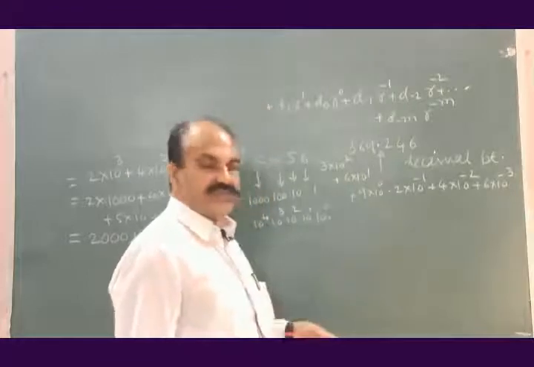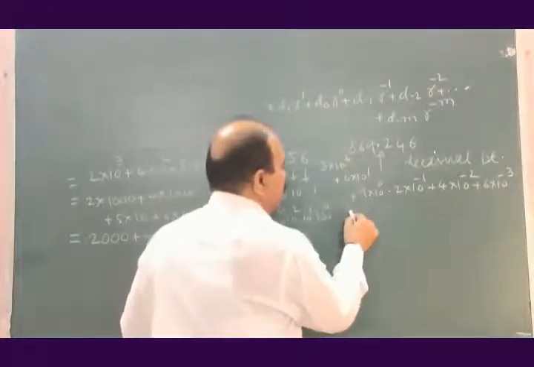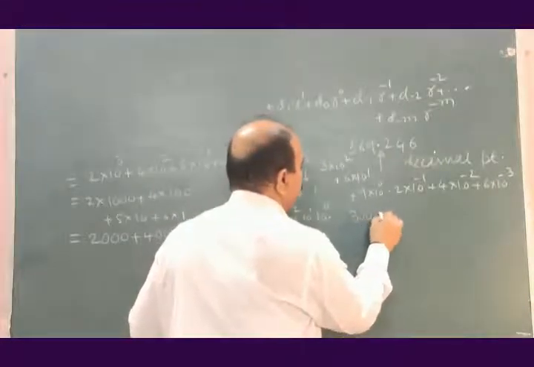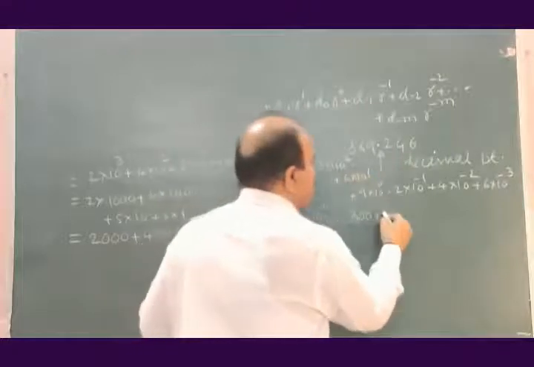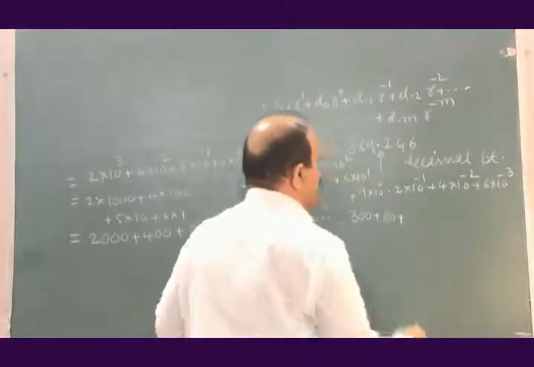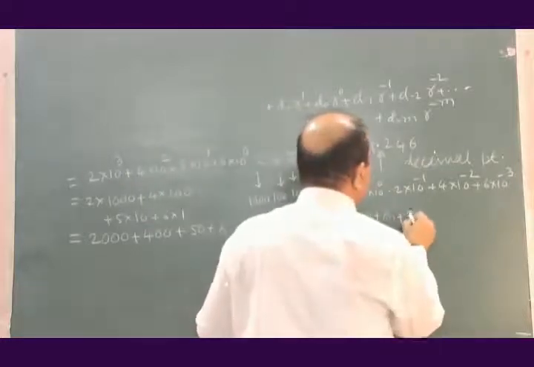Get the values. This will be 3 into 100, equal to 300, plus 6 into 10, since 10 to the power 1 is 10, that is 60, plus 10 to the power 0 is 1, 1 into 9, 9.